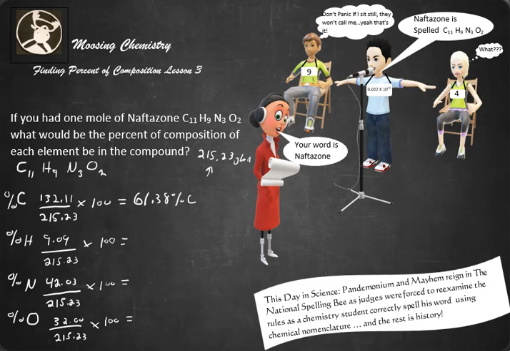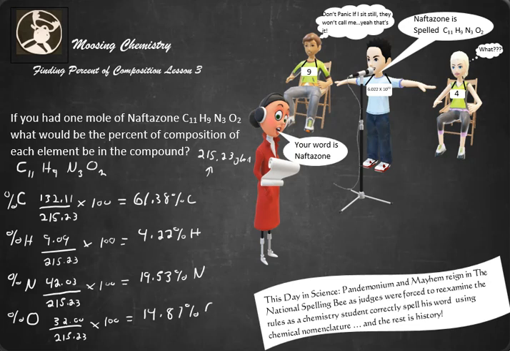So we do the math, and for carbon, we get 61.38% carbon. There's your first answer. For hydrogen, we get 4.22% hydrogen. For nitrogen, we get 19.53%. And last but not least, oxygen is going to be 14.87%.